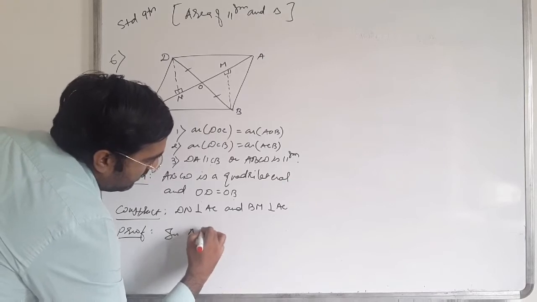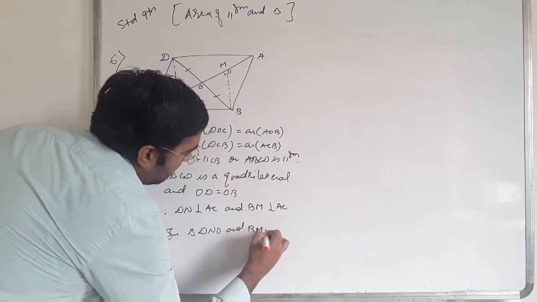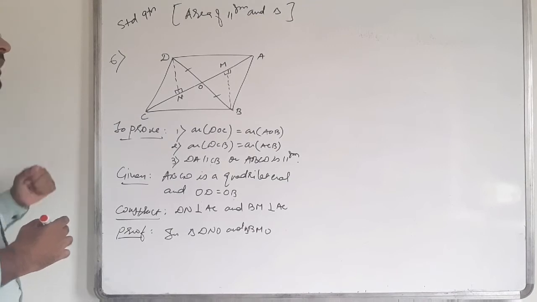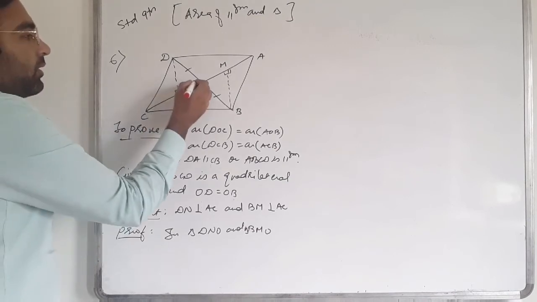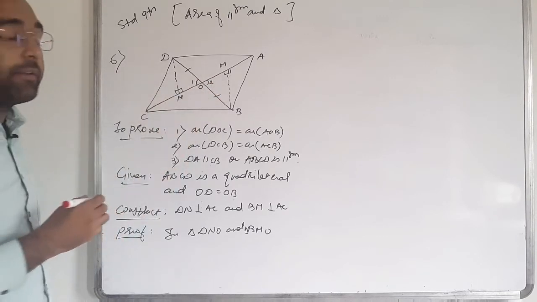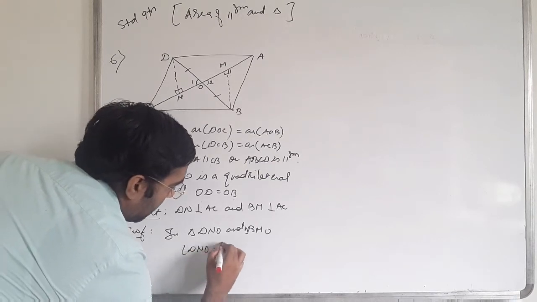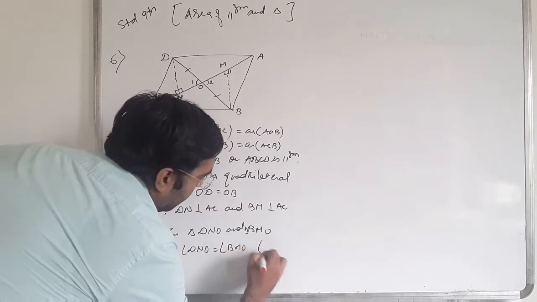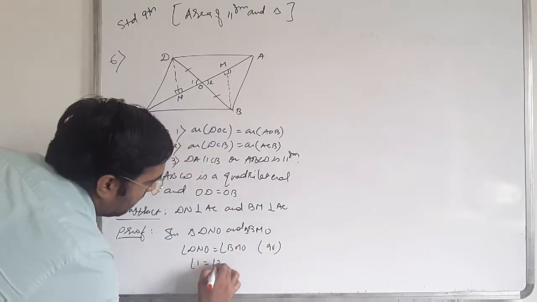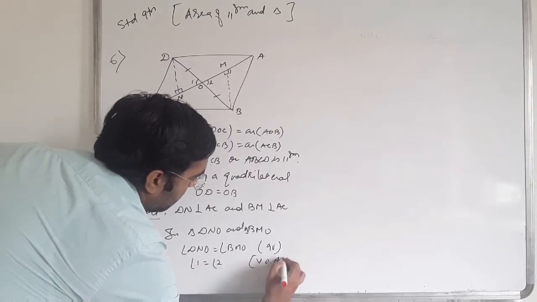In triangle DNO and triangle BMO, angle DNO is equal to angle BMO, that are 90 degrees. Angle 1 is equal to angle 2, as per the vertically opposite angles.